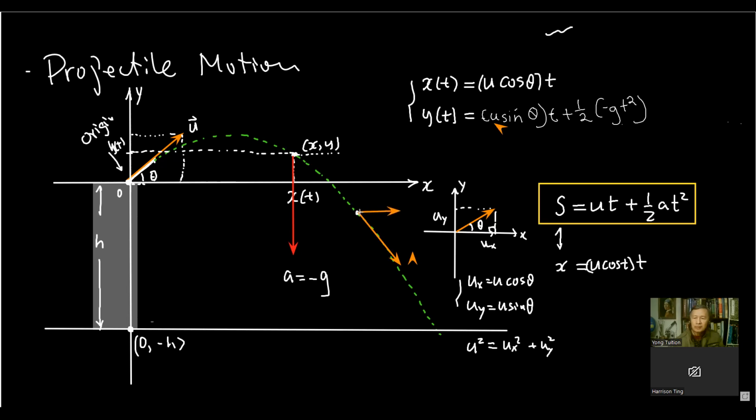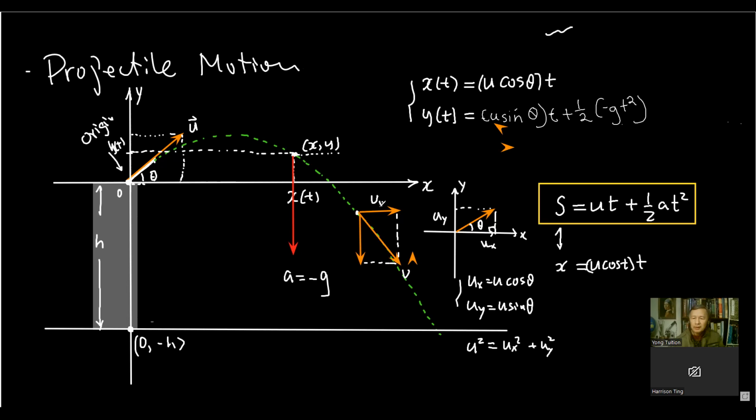One is the x direction, which is constant. Another is time dependent, which is vertical. So we can repeatedly use this vector diagram to find the instantaneous velocity by using two components.